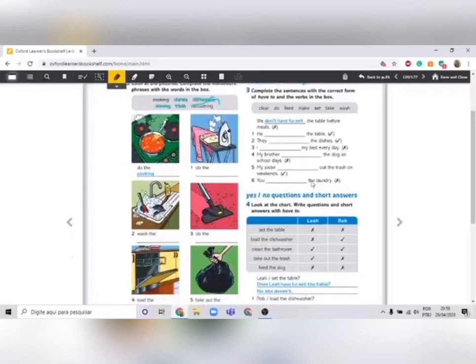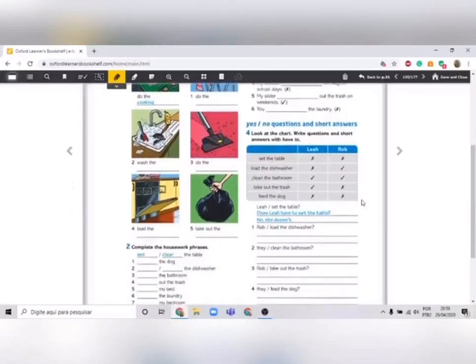Number 4, yes/no questions and short answers. So we have to look at the chart in the box and write questions and short answers with have to. So if we have an X, it's negative, and if we have a check, it's affirmative. The first one is about Leah and Rob.